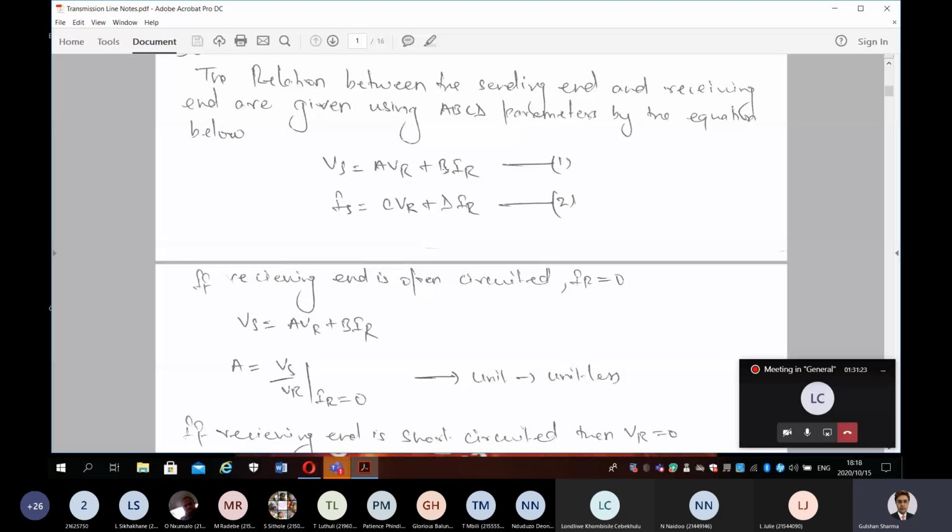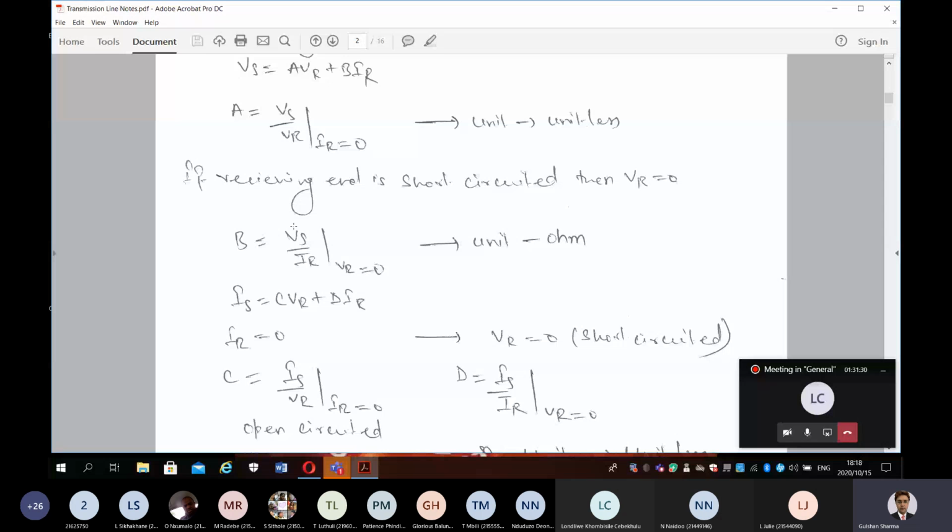Then you can find the value of B, which will be equal to VS by IR when the receiving end is short circuited. Here the unit will be V by I, which is ohms.